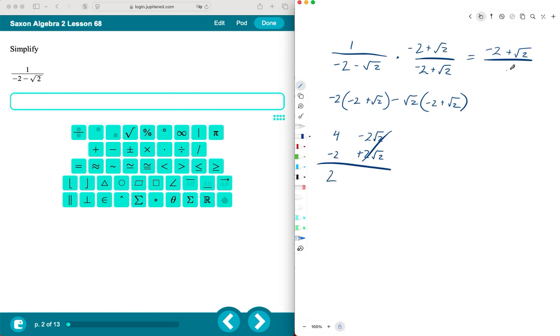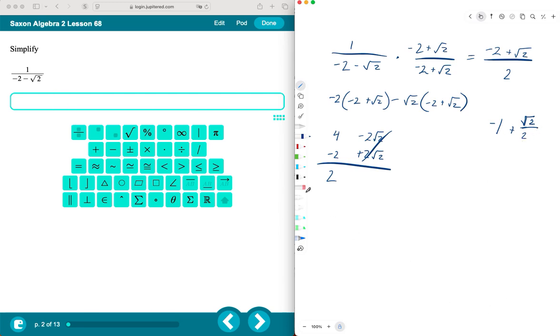So then we have 2. We know we can reduce this. So this would be a -1 plus 1 over 2, square root of 2 over 2. We could do it like that.